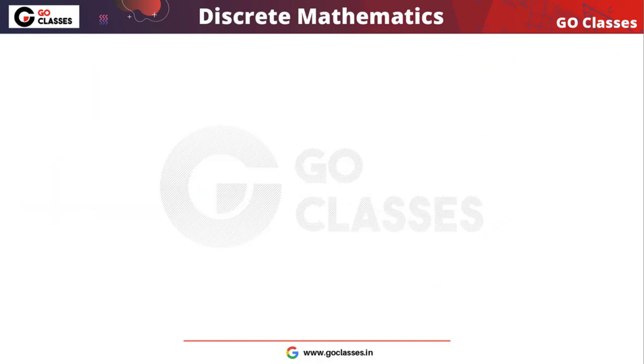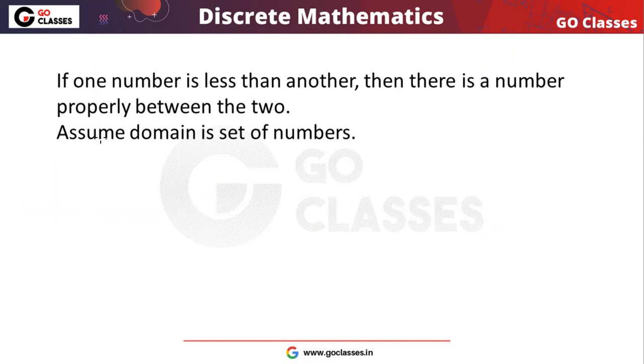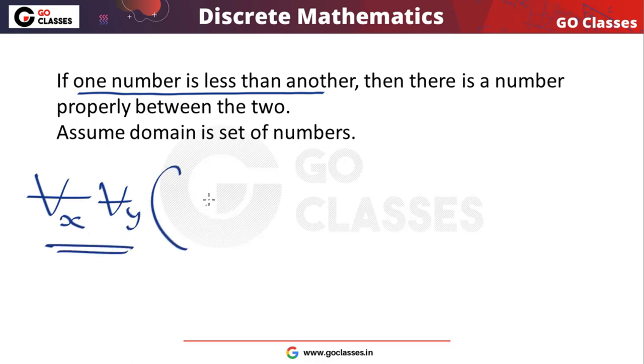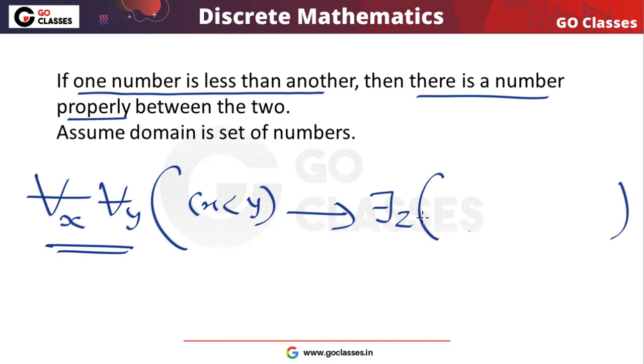Let's see the next example. If one number is less than another, then there is a number properly between the two. So for every two numbers, for all x, for all y, if x is less than y, then there exists a z which is properly between x and y.